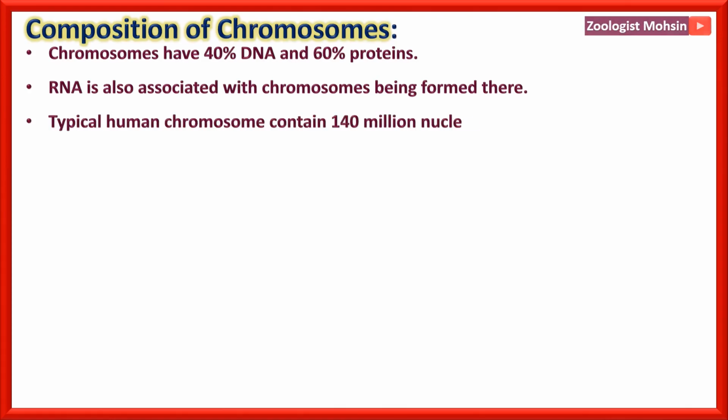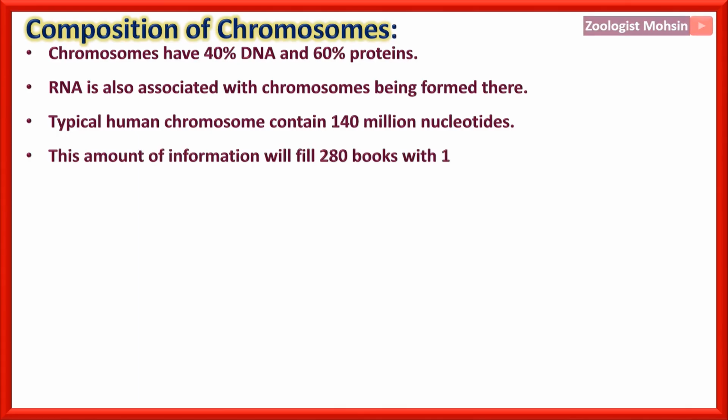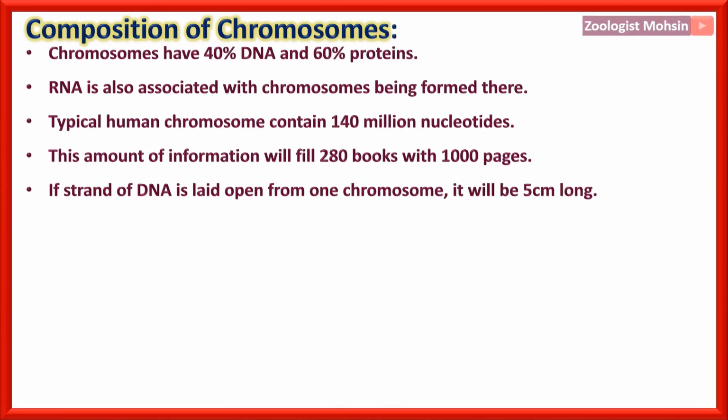A typical human chromosome contains 140 million nucleotides. This amount of information will fill 280 books of 1000 pages, and if the strand of DNA from one chromosome only is laid open, it will be 5 centimeters long.